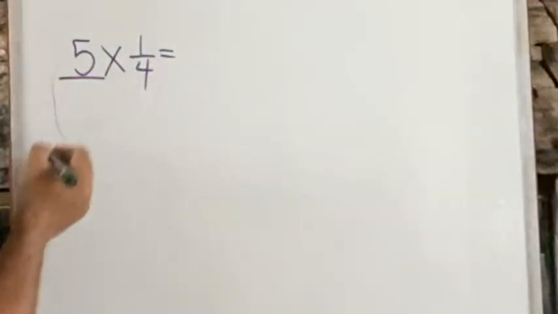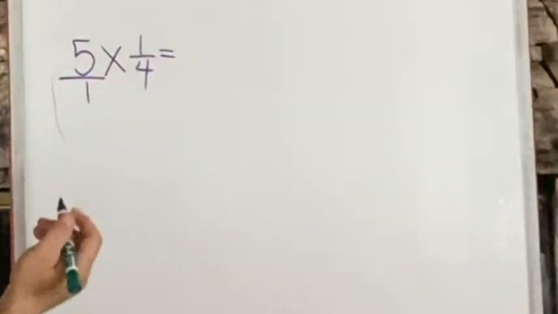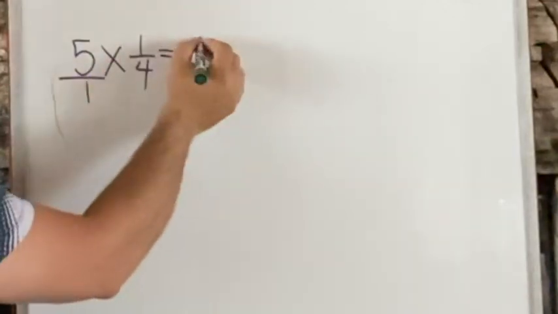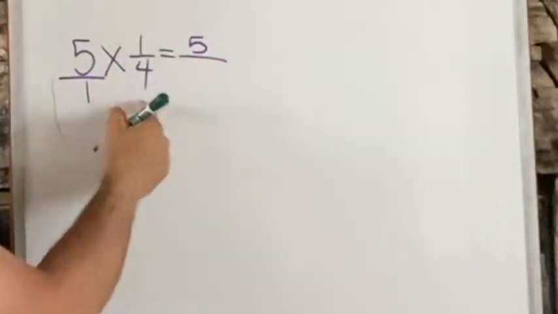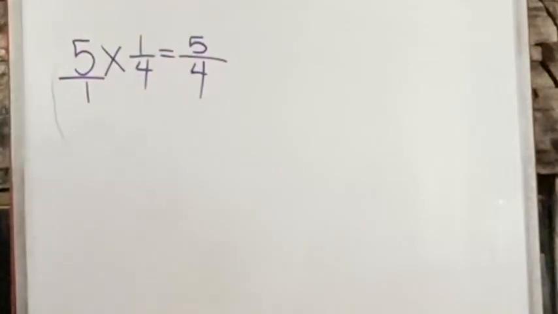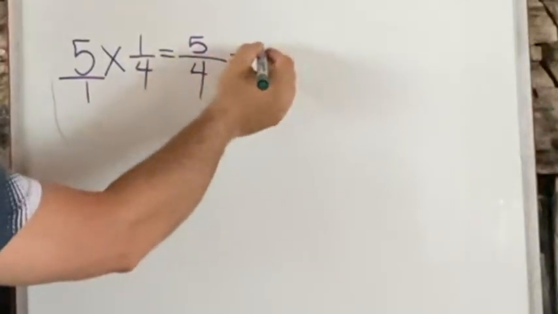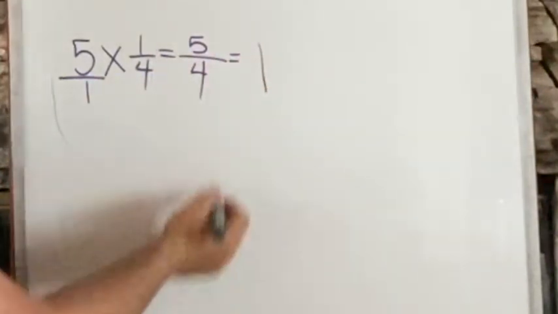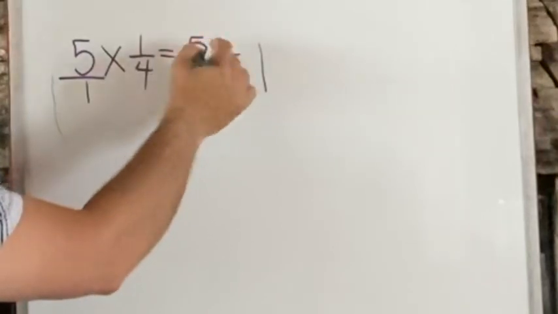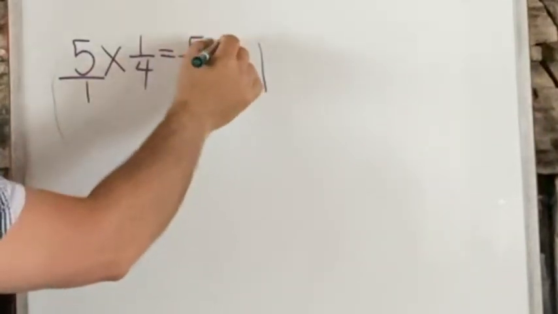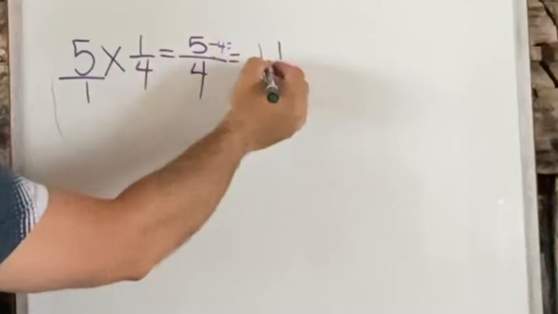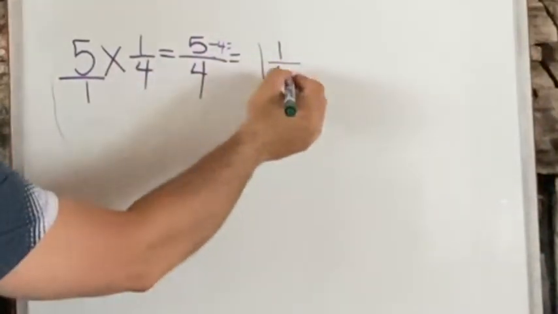Well, we put this over 1 because it's a whole number. 5 times 1 is 5. 1 times 4 is 4. Now, we need to turn this into a proper fraction. 4 goes into 5 1 whole time. And when I take a set of 4 away, I'm left with 1/4.